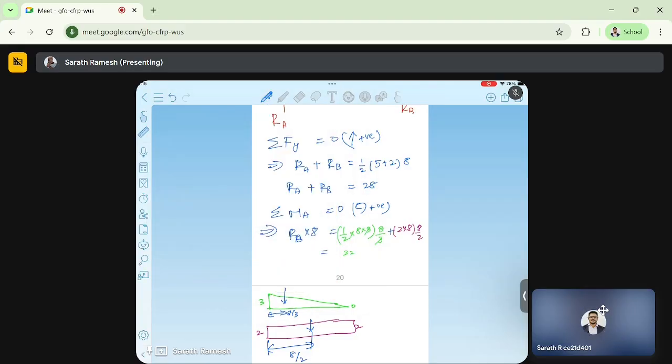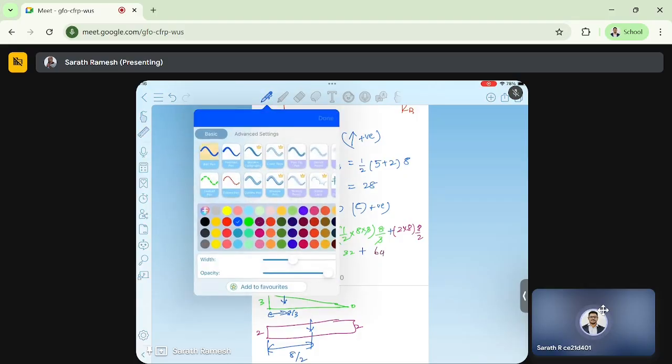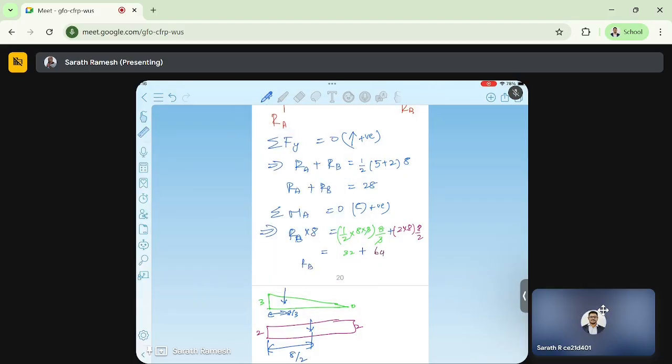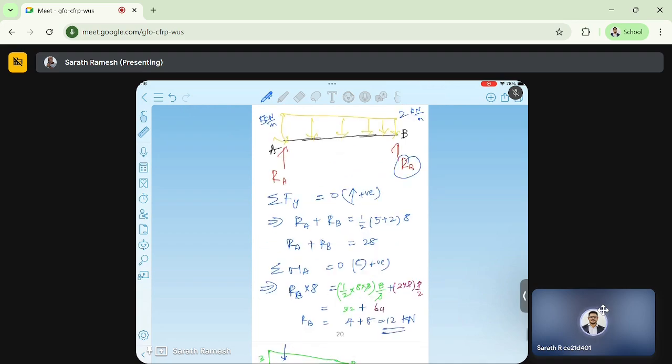plus, 2 to cancel, 8 8s are 64. So RB will be 4 plus 8, which is 12. Okay, 12. I'm getting positive, so my assumed direction is right.